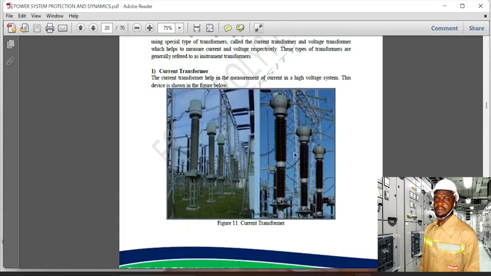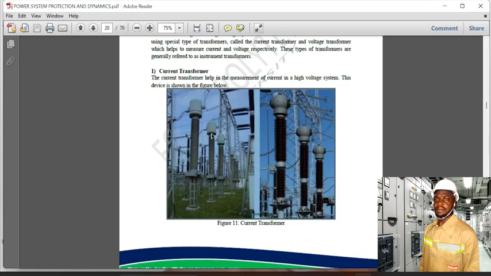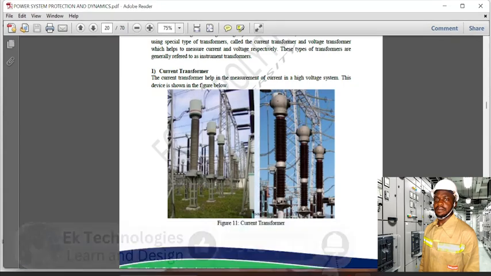One way you can differentiate the current transformer from the voltage transformer is this bushing here. You see the bushing of the current transformer is down. Then you have the core of the current transformer at the top. This core is an iron core, or any other type of core, which the conductor passes through.